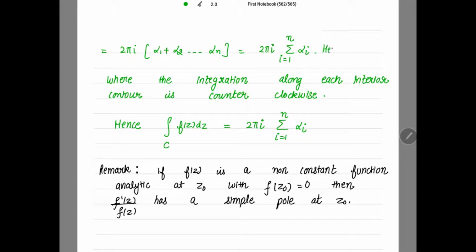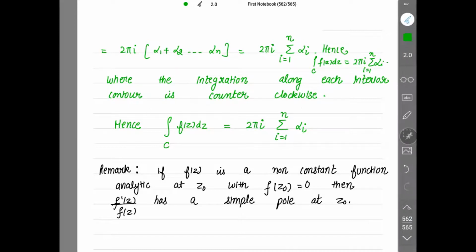So hence the integral over C of f(z) dz, we have proved, is equal to 2 pi i times the sum of the residues, where the integration along each interior contour is counterclockwise.